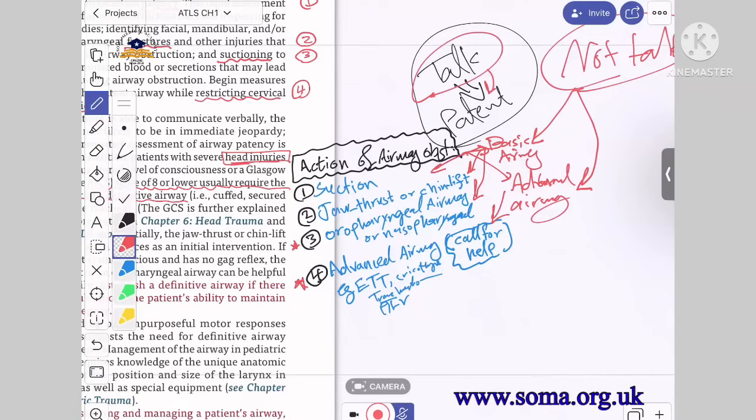This is better in a traumatized patient unless you are sure that there is no cervical spine injury. And put an oropharyngeal airway or nasopharyngeal airway. This will be shown in the next class. And advanced airway like endotracheal intubation, cricothyrotomy, PTLV and tracheostomy. This also will be discussed in detail in the next class.